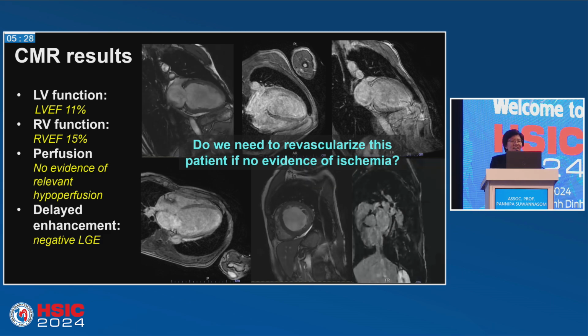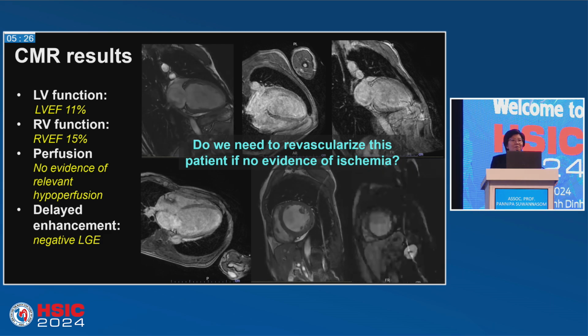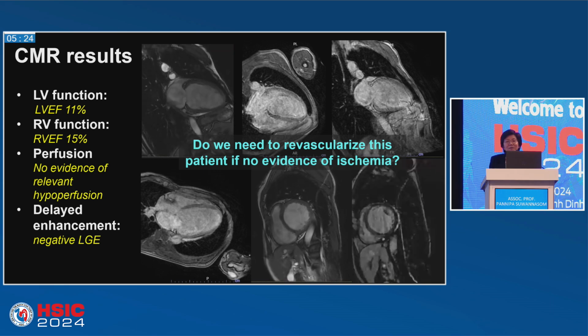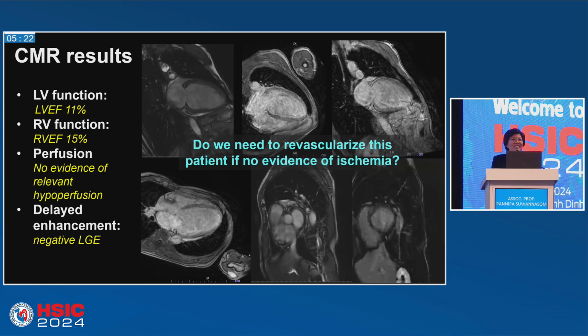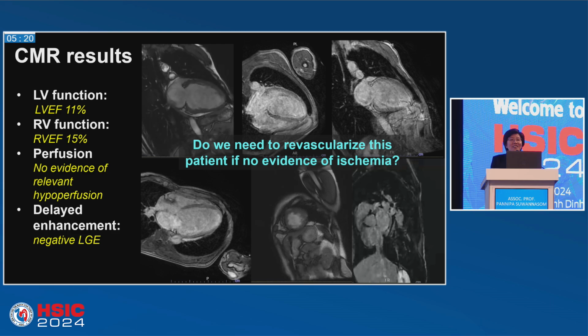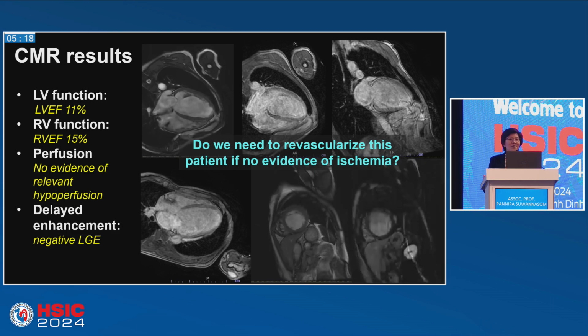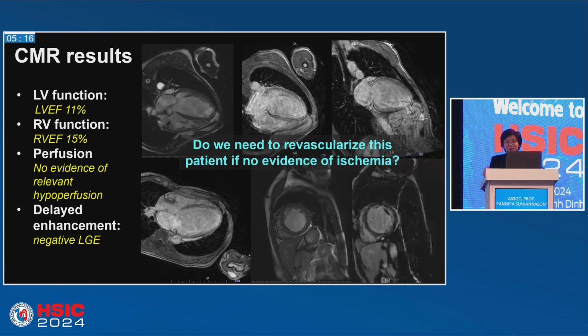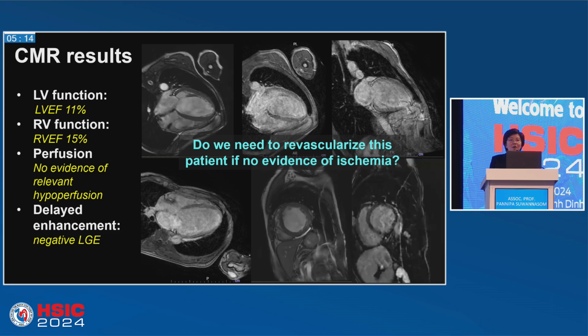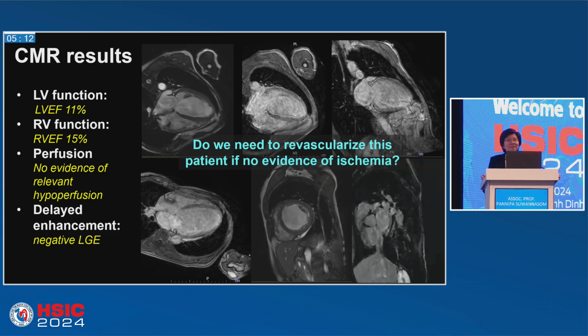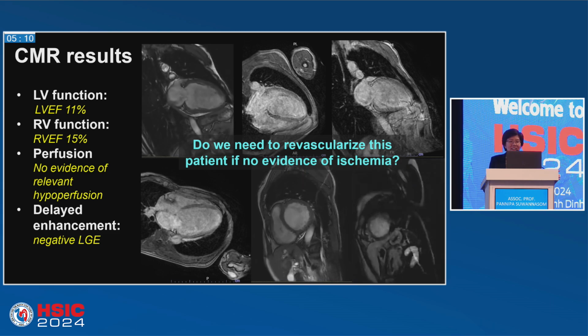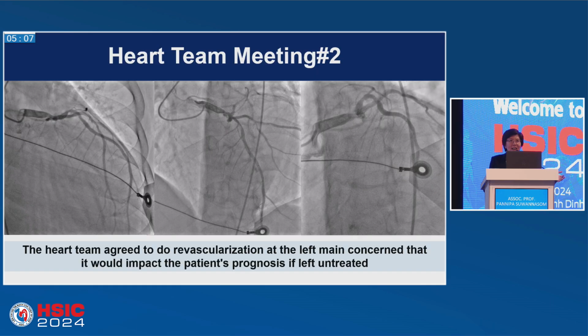And the funny thing is that there is no evidence of relevant hypoperfusion, and the delayed enhancement is negative for late gadolinium enhancement. So, do you want to do anything with this patient? Stay with the medication, or do you think that the left main with 80% has to be fixed?